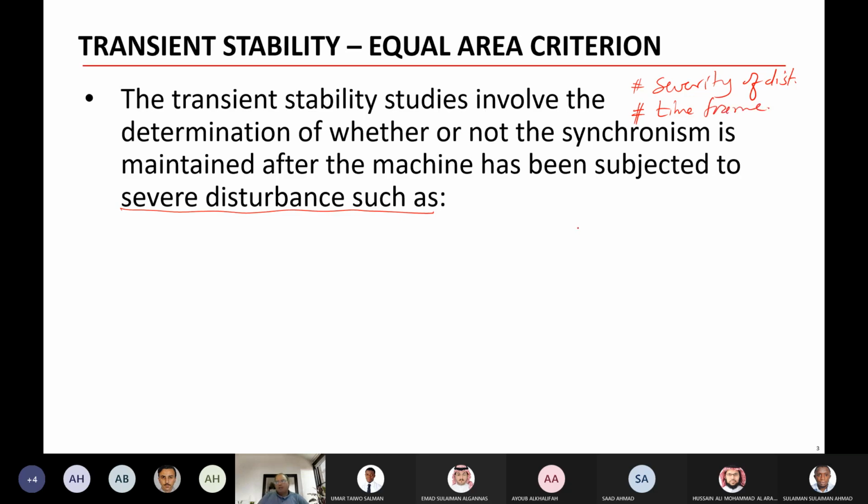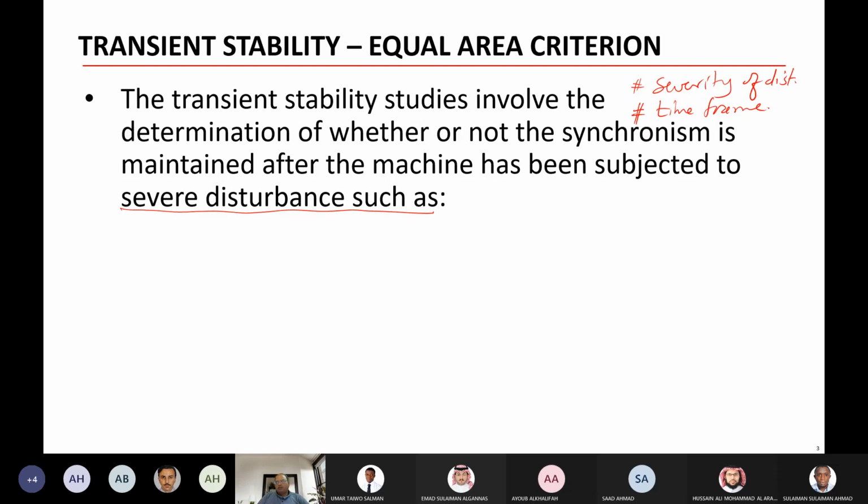So these are the basis of having transient stability, steady state stability, and dynamic stability. For steady state stability, as we mentioned earlier, we have a small and gradual change, so we can linearize the model and handle it easily with algebraic equations.